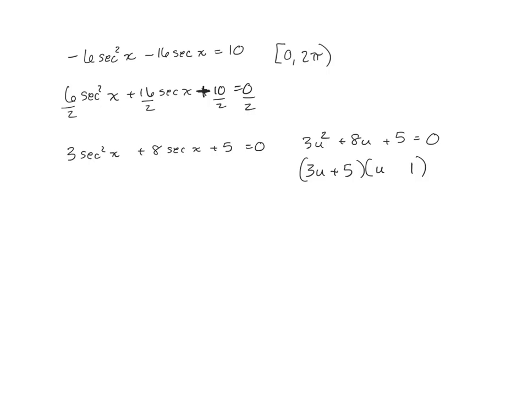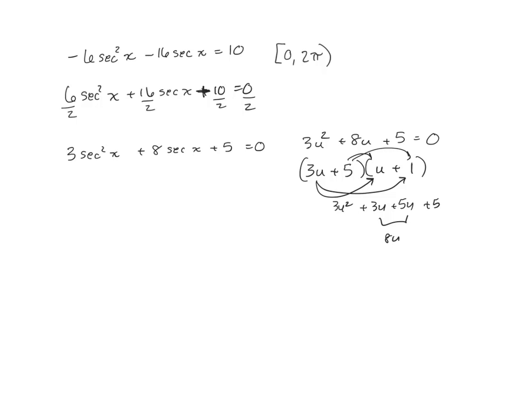I know that 3 plus 5 is 8, so I'm going to guess 3u plus 5 times u plus 1. 3u times u is 3u squared. 3u times 1 is 3u, plus 5u, that will give me my 8u, which I need, and then my last term, which is plus 5. So yes, this is the right guess for my quadratic.